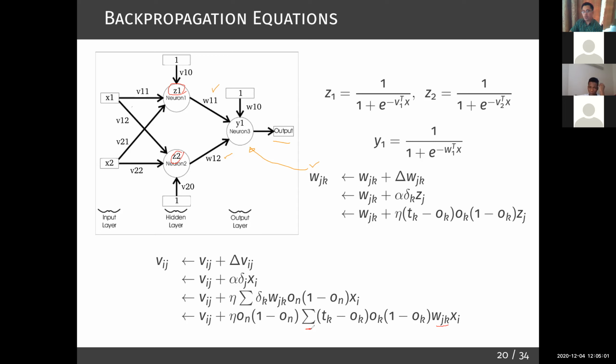We can use the batch mode or the incremental mode, but to avoid complications, we just remove the sigma. Everything is known here already: the target output and the output for whatever k we are using.